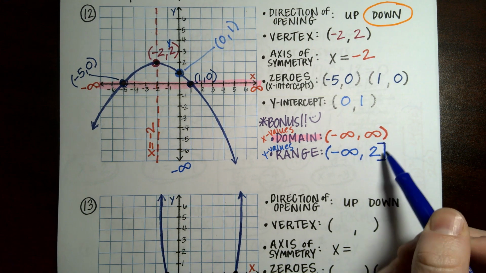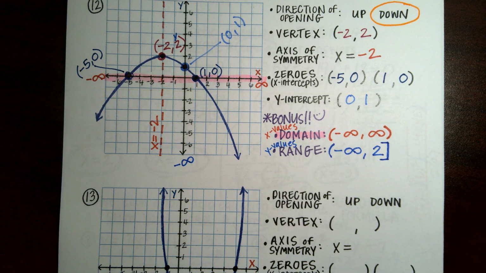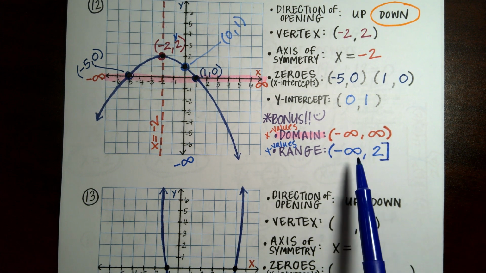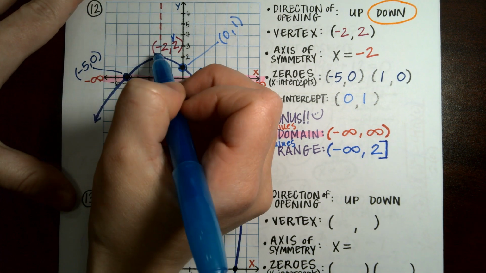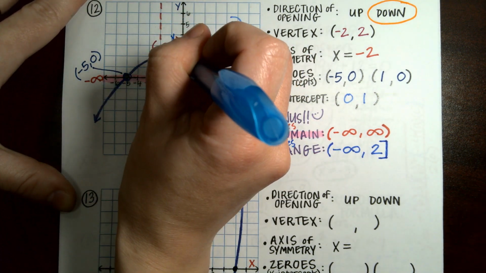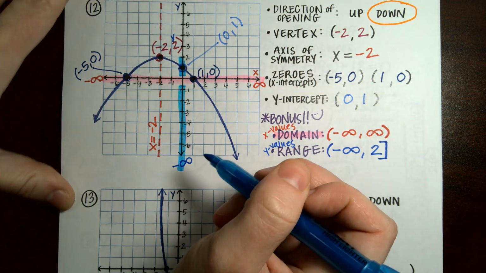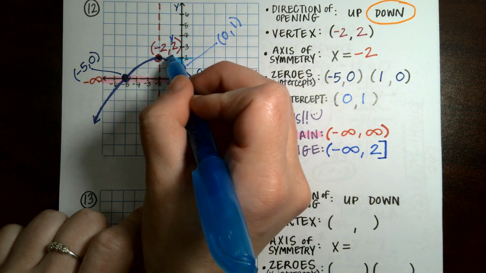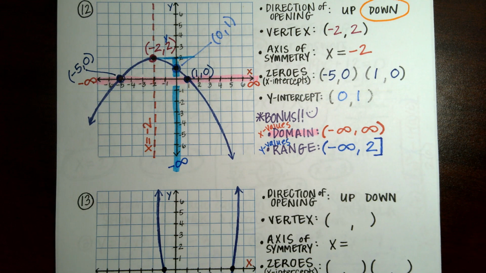This just means that we are including 2 in the range. That's how we would write that. This is our highest point here. Our range.